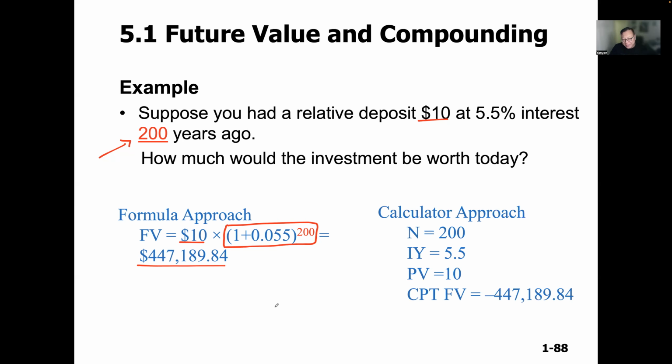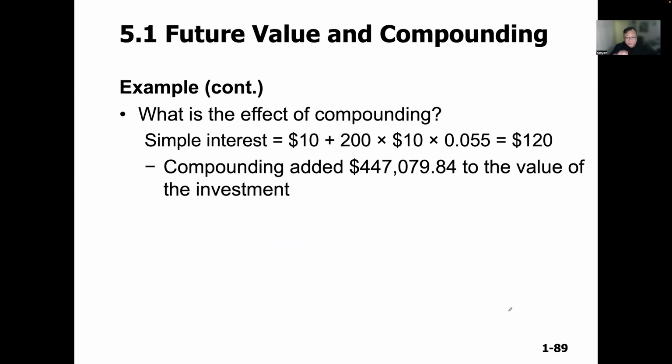You can also use a calculator to do the calculation, okay? You will get the same result. So let's take a look at what the effect of compounding is in this scenario. If you consider future value with simple interest, your principal is $10, and each year you earn $10 times 0.055 interest, and you earn it for 200 years.